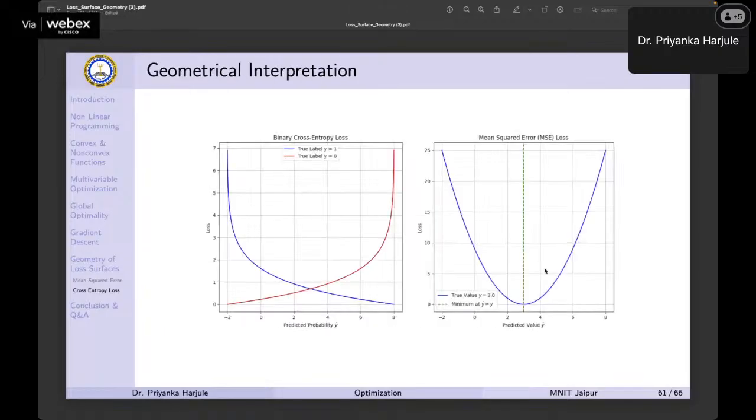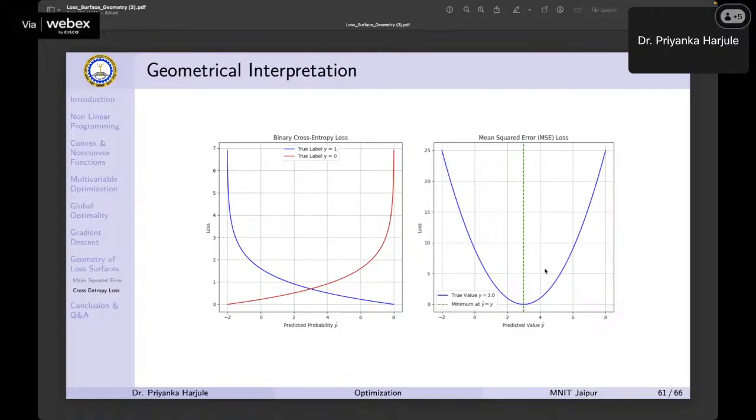These are the diagrams for the binary cross entropy loss and the mean squared error. Both are convex in nature. So binary cross entropy is convex in itself. But when it is used in the neural network setup, the loss function of the neural network becomes non-convex.